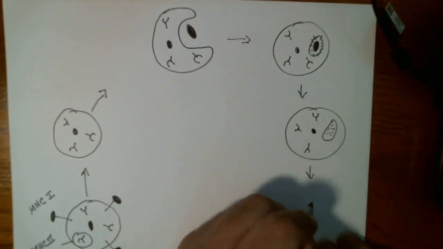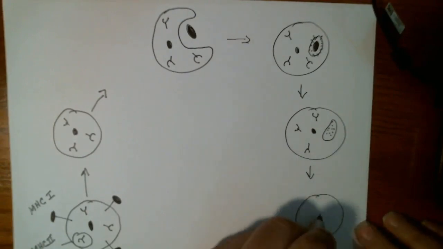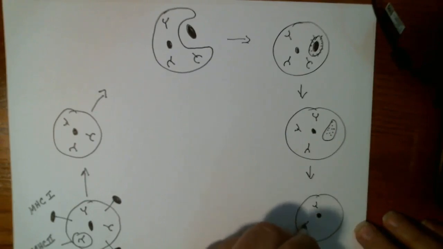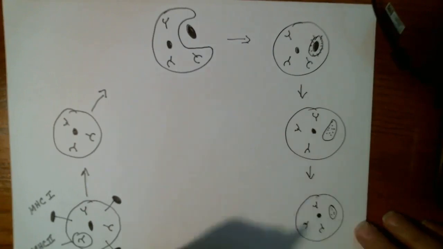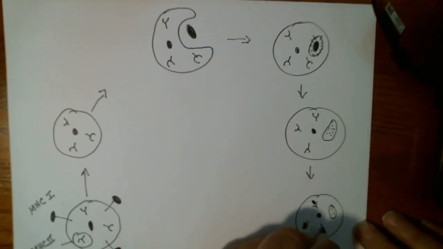Once the pathogen is broken into fragments, fragments then will be transported from the vacuole, and they will attach with the class 2 major histocompatibility complexes.